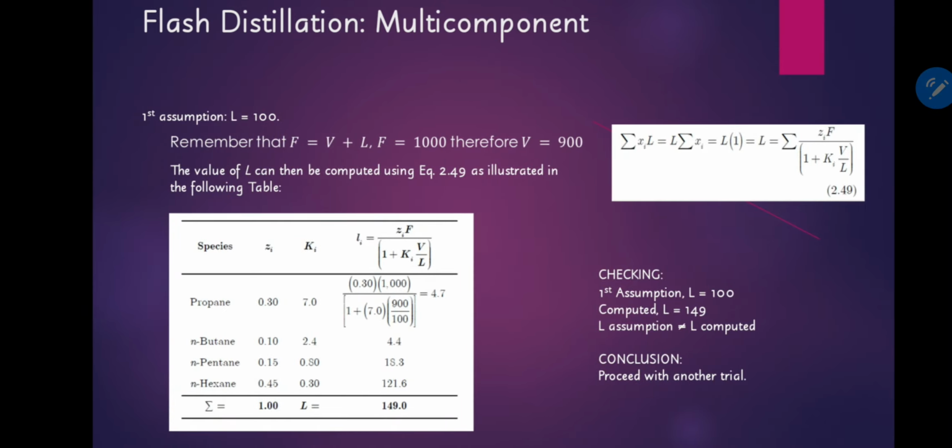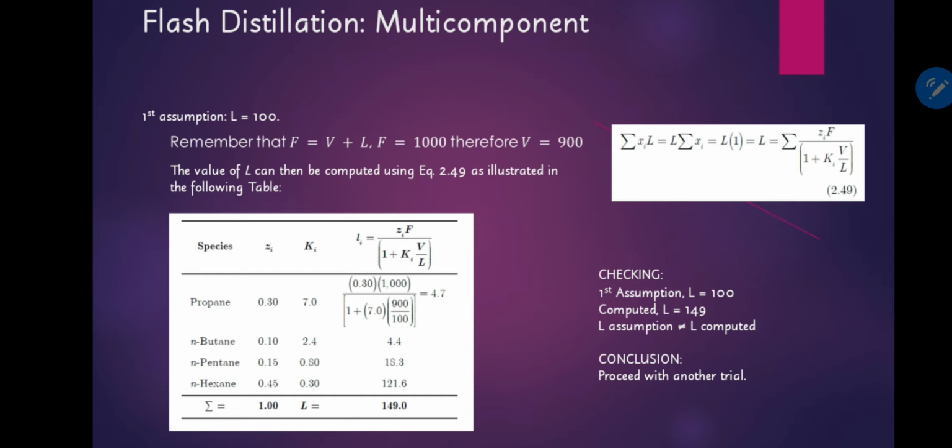Now we go to the trial and error part. Again, what did we say earlier? We first assume the value of L and then we calculate for that value of L. If L assumed and L computed are the same, we can proceed with further calculation. But as long as they are not equal, you need to solve until the L assumed is equal to L computed.